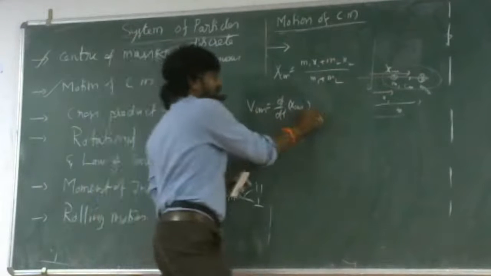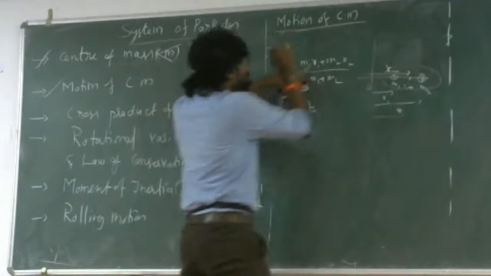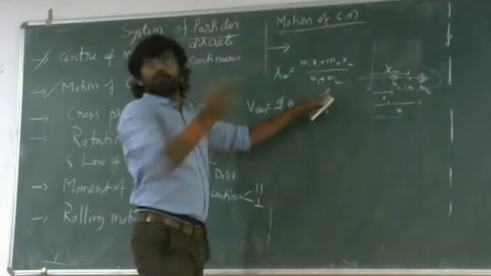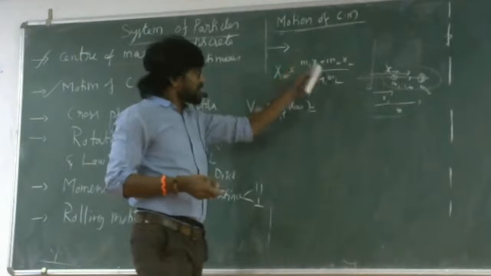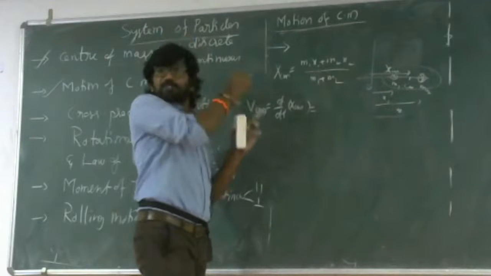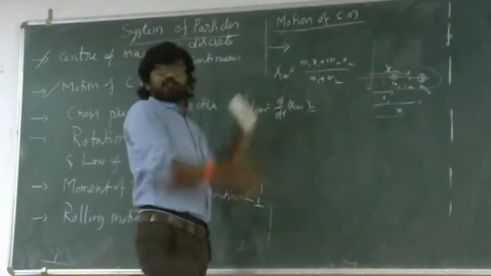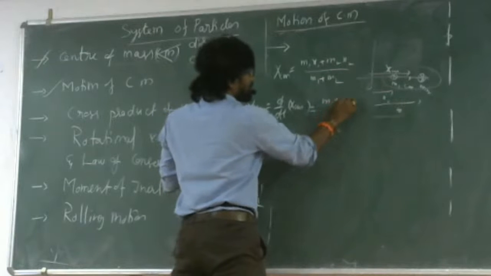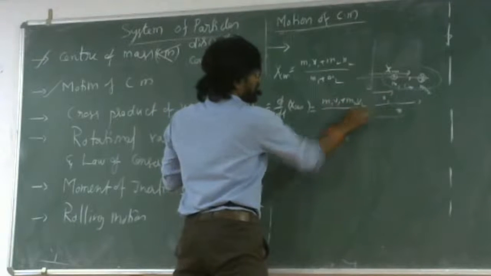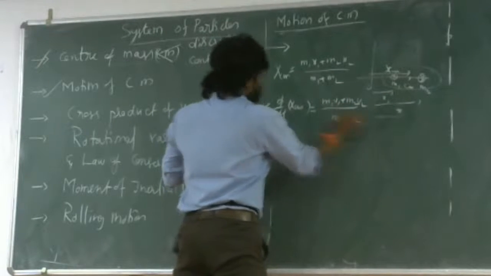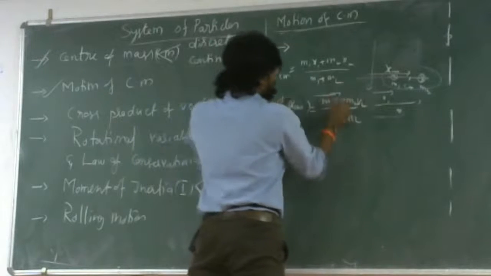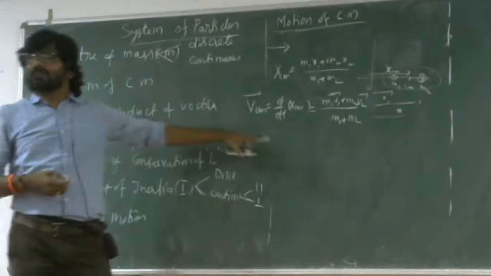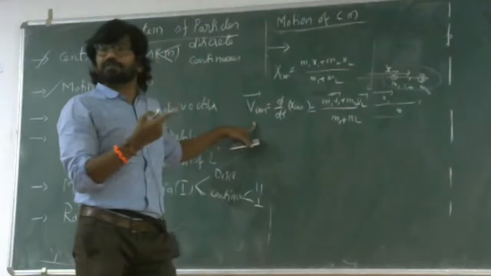This can be expressed as (m1 into d by dt of x1 plus m2 into d by dt of x2) by (m1 plus m2). d by dt of x1 gives the velocity of the first particle, and d by dt of x2 gives the velocity of the second particle. So simply, it is (m1 v1 plus m2 v2) by the total mass. In vector form, it is (m1 v1 vector plus m2 v2 vector) by the total mass. This gives the velocity of the center of mass.